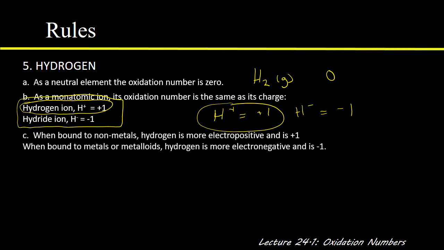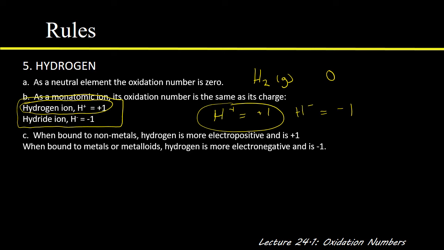All right, so when bound to nonmetals, that means everything on the far right-hand side, hydrogen is more electropositive, and it has a +1 charge. The nonmetal is more electronegative. It gets its preferred anionic charge. Okay. When bound to metalloids or to metals, hydrogen is more electronegative, and it's -1.